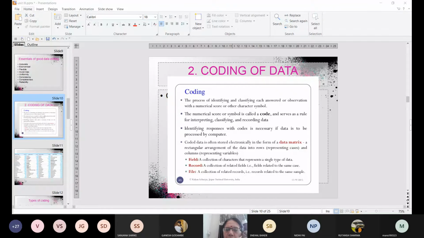In the same manner, the researcher will code the data. For example, if the gender is described as male or female, he can write M or F, right? Or he can give some numbers, numerical coding, like 0 for male and 1 for female, or 1 for male, 2 for female, whatever the researcher feels convenient. So this is called coding of data.